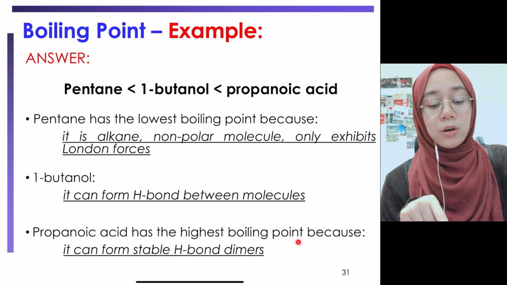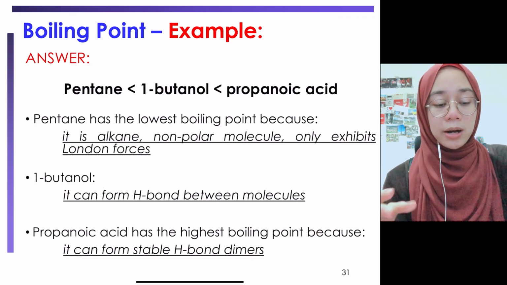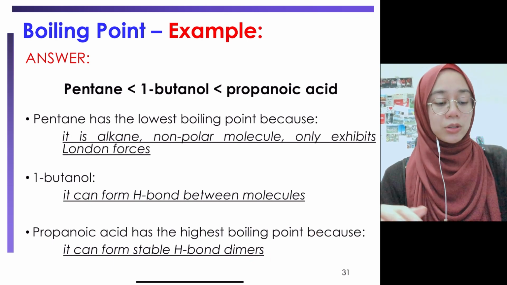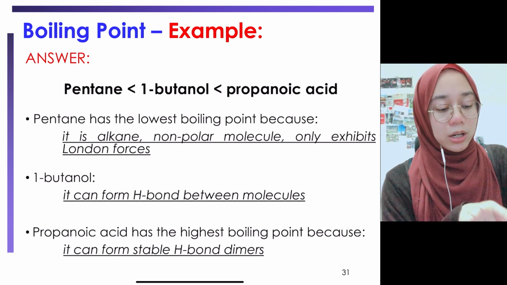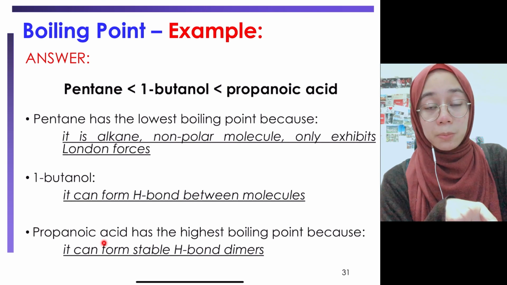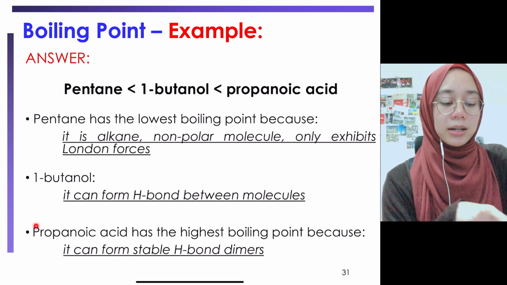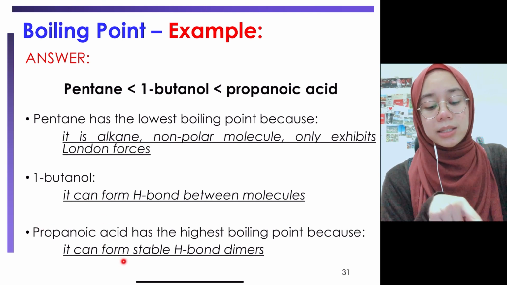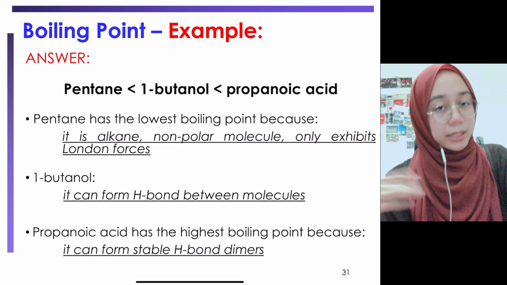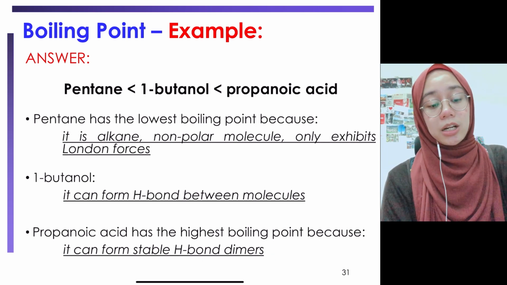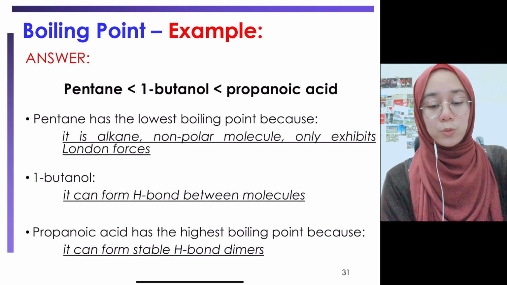Okay, so despite dua-dua, abaikan the alkane sekejap. So despite dua-dua kita punya alkohol dengan kita punya propanoic acid ni, dua-dua boleh form hydrogen bond. Beza dia adalah the carboxylic acid, it can form stable hydrogen bond dimers. That's it. Okay, itu je explanation dia kalau kamu nak kena compare antara dua tu.